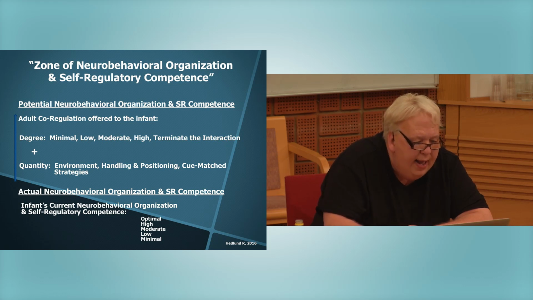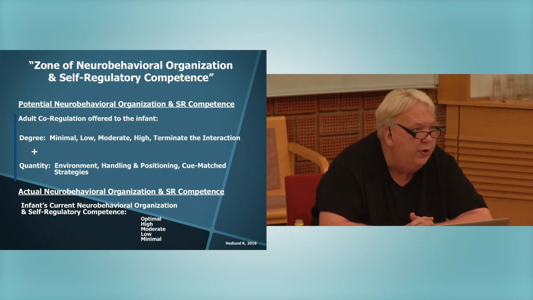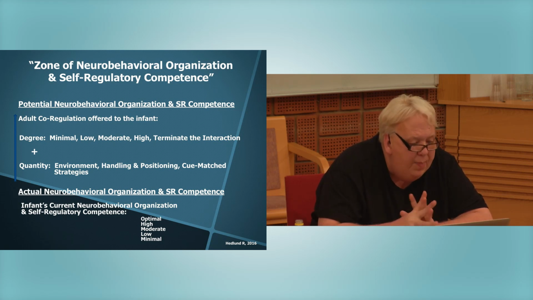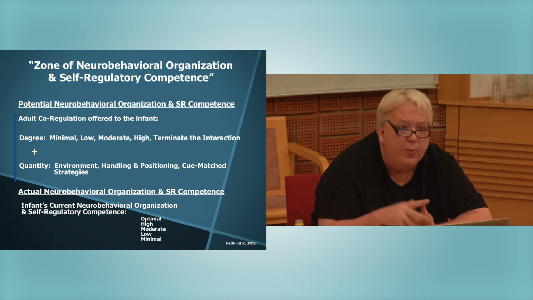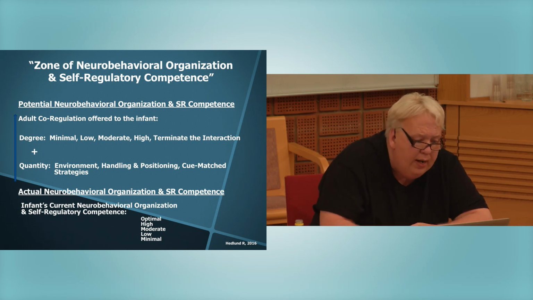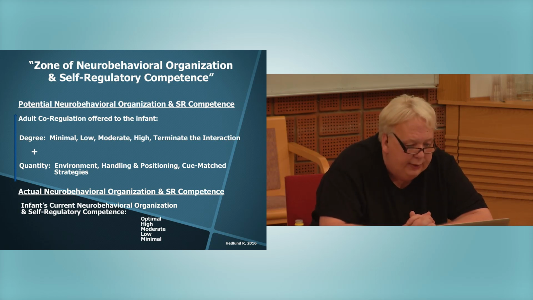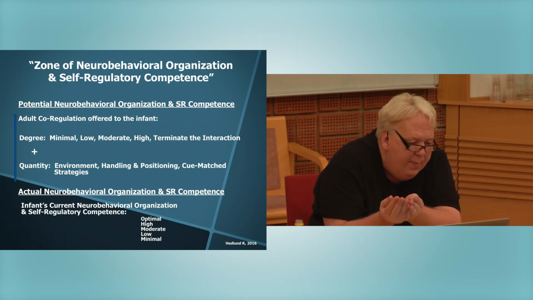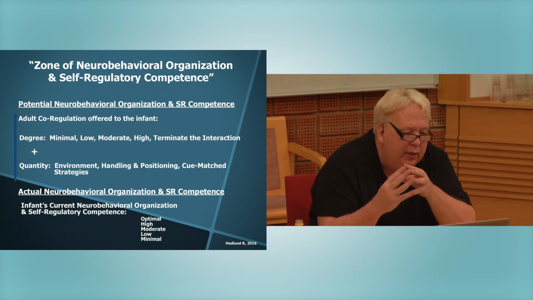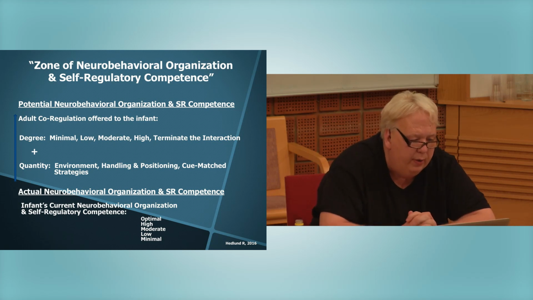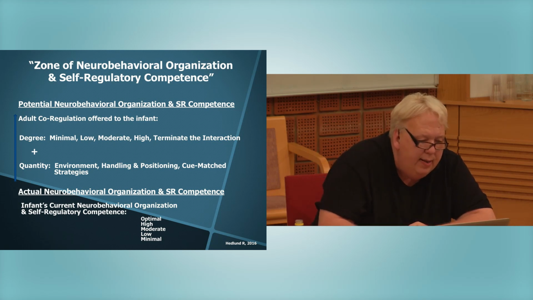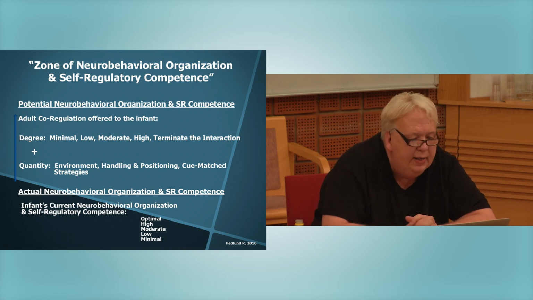Then, depending on where they are, we look at the degree, such as minimal, low, moderate, high, or whether we need to terminate the interaction because the baby has become so stressed, and the quantity, such as environment, handling and positioning, and cue match strategies. So we look at how much and what types of neurobehavioral intervention we provide to this particular baby to get the optimal potential neurobehavioral organization and self-regulatory competence.